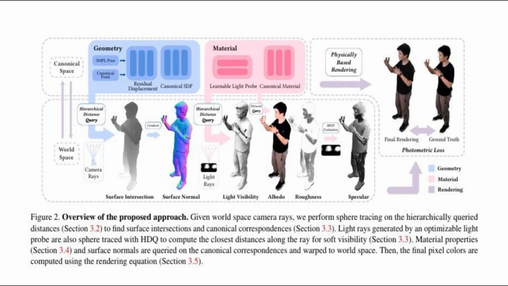Unlike existing methods which can only reconstruct the surface geometry, this approach introduced hierarchical distance query, that is HDQ, a novel algorithm that efficiently estimates distance under arbitrary poses. It allows AI to accurately model lighting and reflection, making avatars look realistic in different environments.